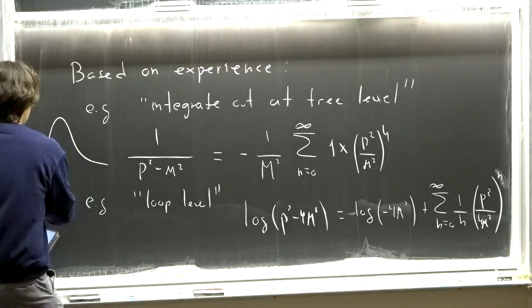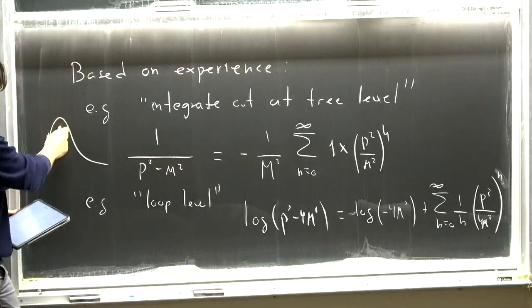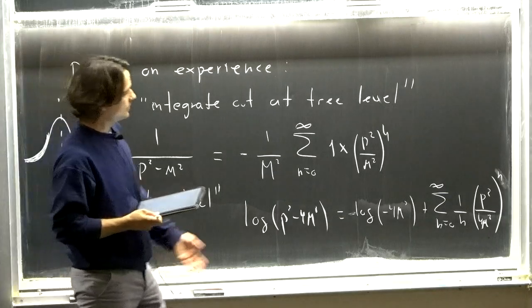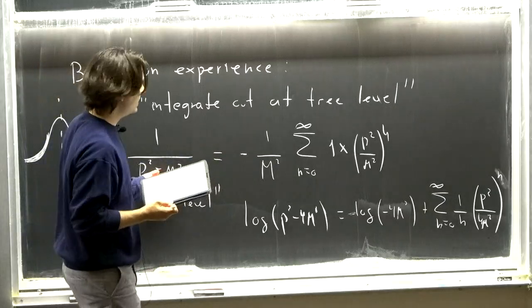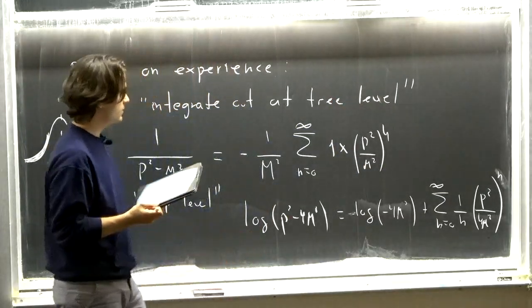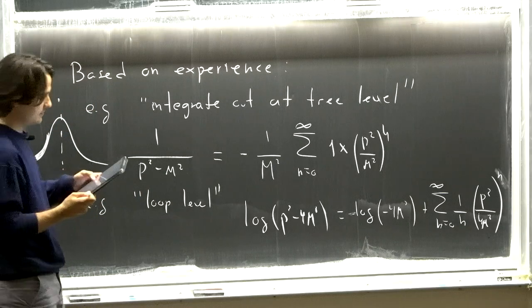The EFT is just going to describe this part here. But if you get too close to the location of the new particle, then it's going to diverge. Yeah. So we only trust this for p squared much smaller than m squared. So in the EFT, m squared would be this lambda UV, or lambda UV squared. Did I answer a question, or did I misunderstand? Okay.